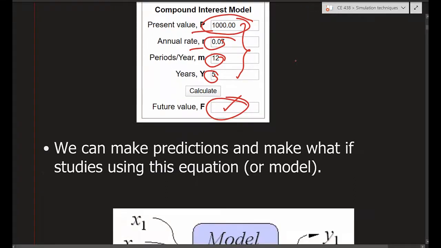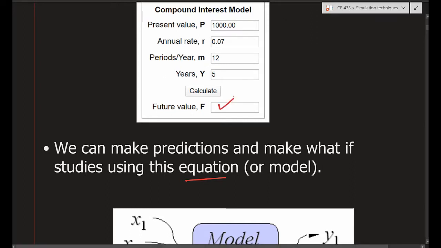We can make predictions and what-if studies using this kind of model or equation. For example, what will the final future value be if I have a different annual rate and different m value? I can change these variables and calculate the future value.